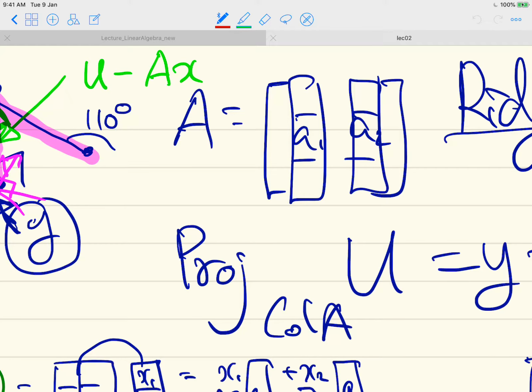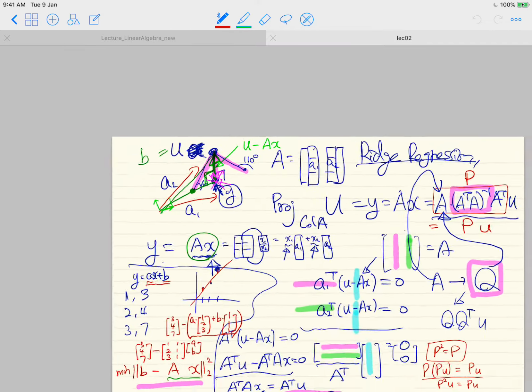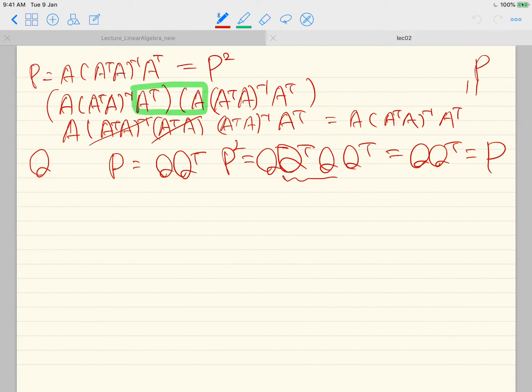Similarly, this Q can be a rectangular matrix. Q just has orthonormal columns, but is not necessarily a square matrix. For example, A was a 3 by 2 matrix, and then what is our QR?